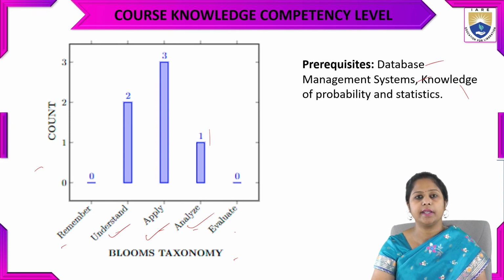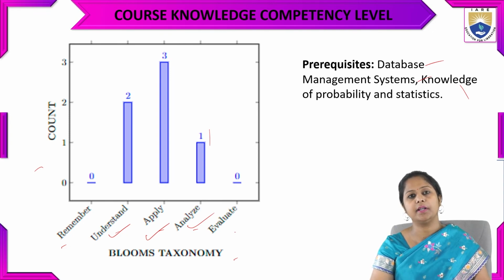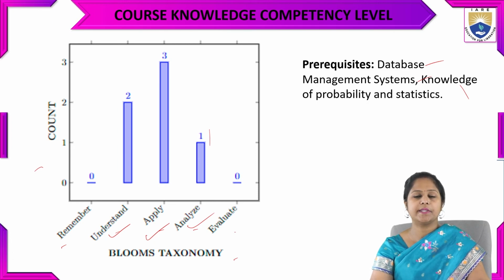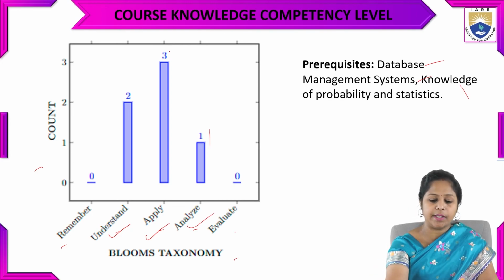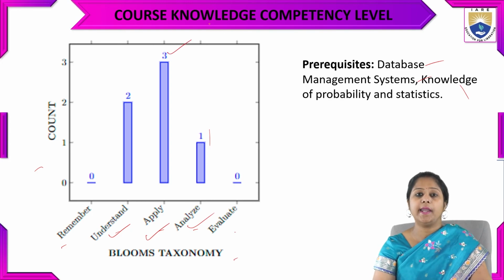On the basis of that, he'll be able to learn about the different algorithms as well as the different applications. So on the completion of this course, the student will be able to achieve the apply level. He'll be able to apply many of the algorithms, methods and other techniques on some data warehouses, so that he will successfully complete this course.